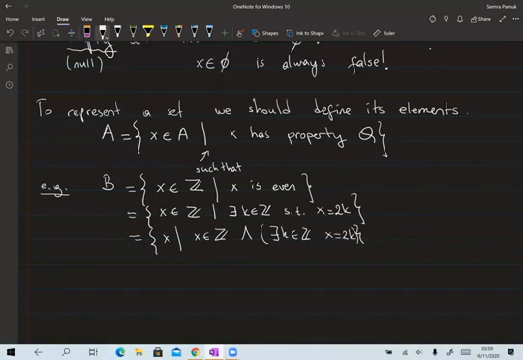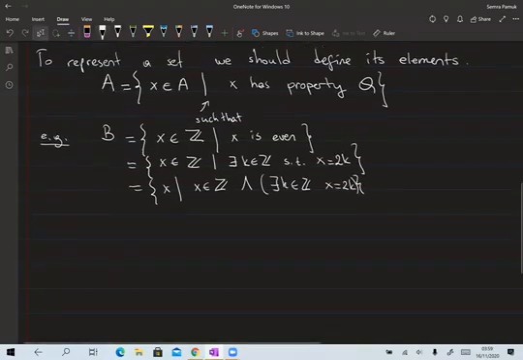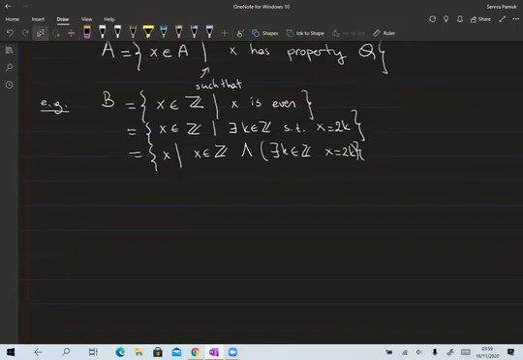Okay. So what else? You can give more and more examples of this type. And as we continue, we will give examples of this one.